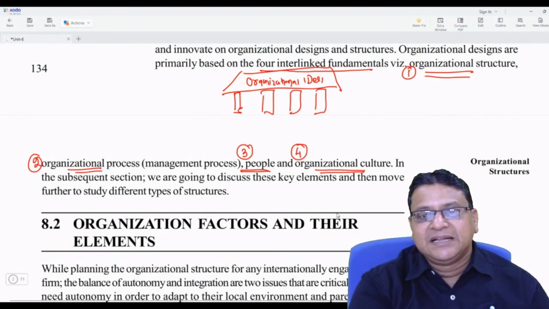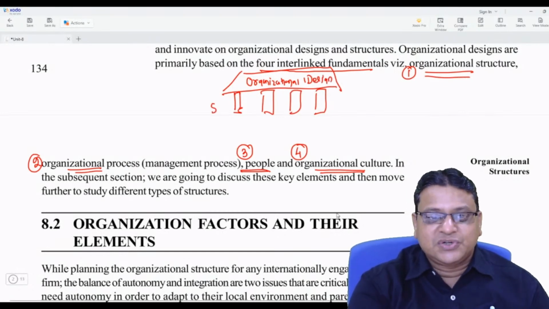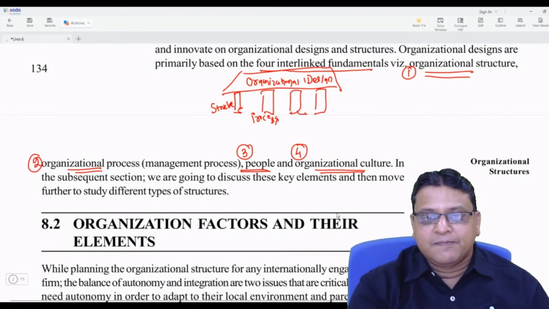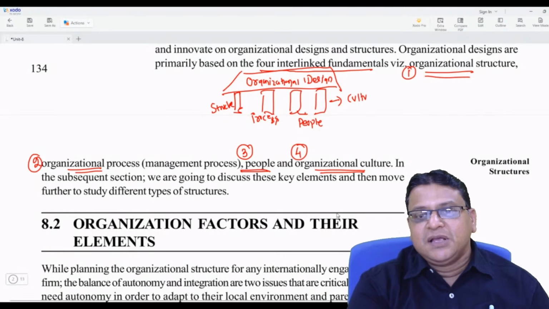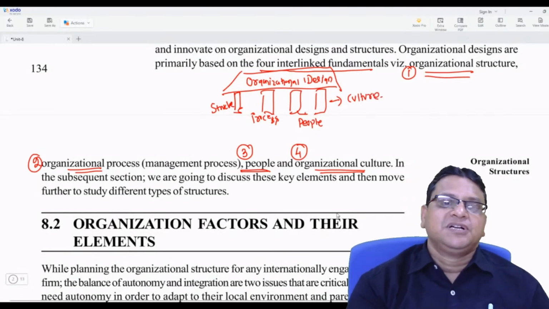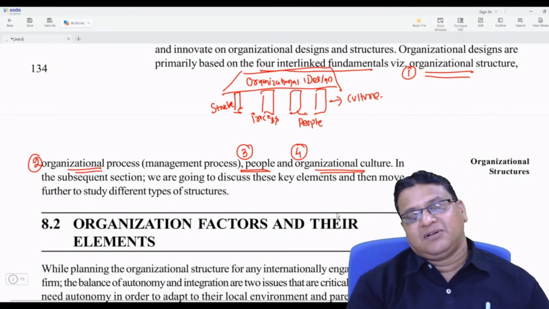Organizational design: one is structure, another is process, another is people, and the last one is culture. These are the four pillars of designing an organization.